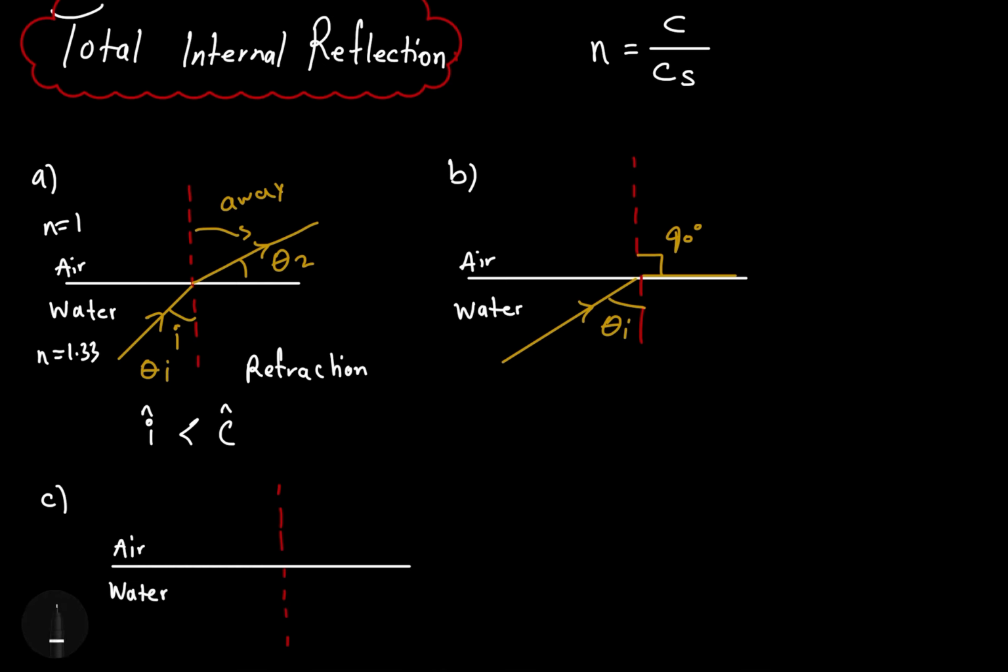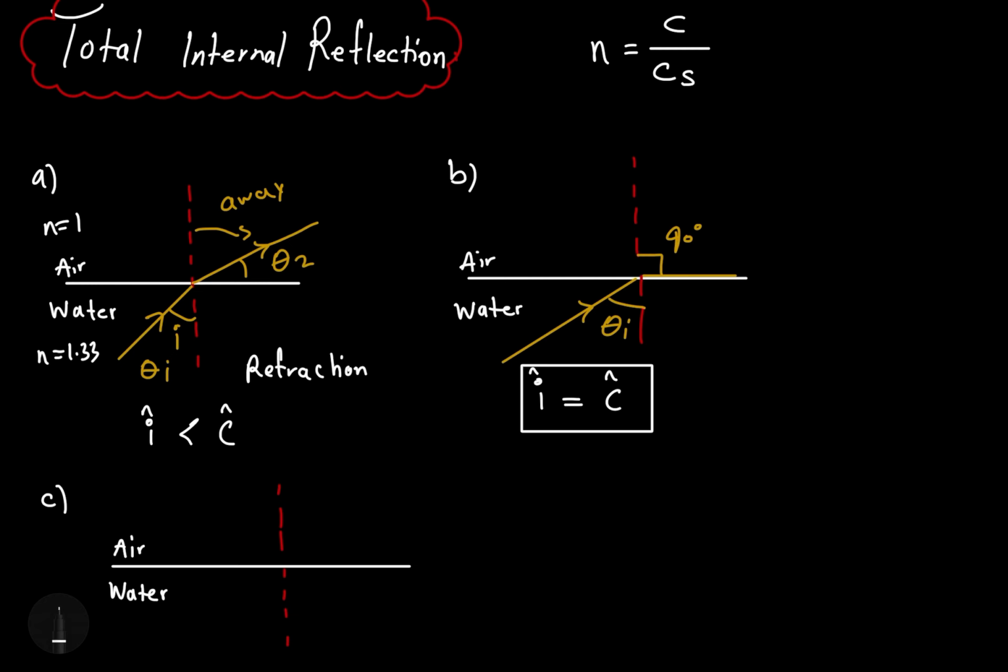So, if the angle of incidence is able to reach this angle called the critical angle, which is different for different mediums, then it's not going to get refracted normally. So the critical angle is the angle at which the ray of light is refracted at 90 degrees.